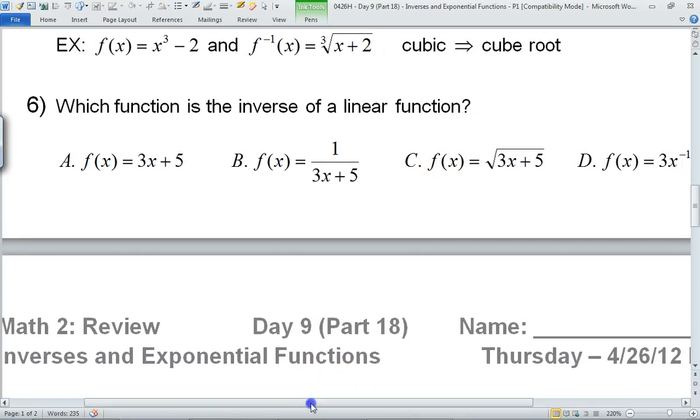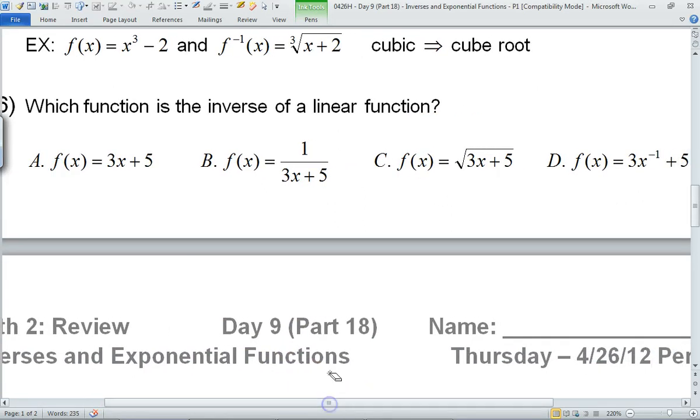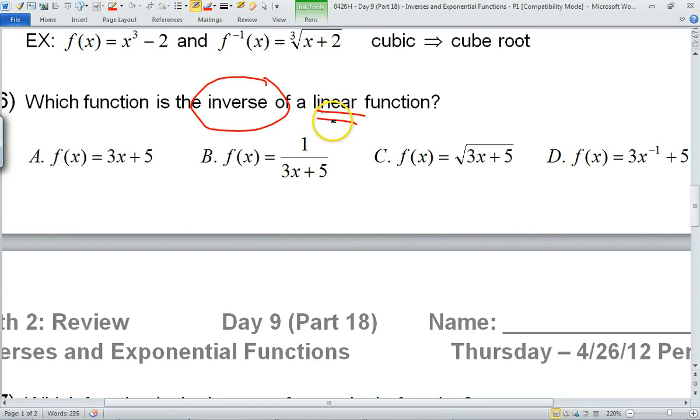Okay, take a few seconds and decide. We're talking about the inverse, right? Which one of these functions is the inverse of a linear function? Alright, Paige, if it starts off linear and it's going to end up linear, which one of these 4 choices is a linear function still?